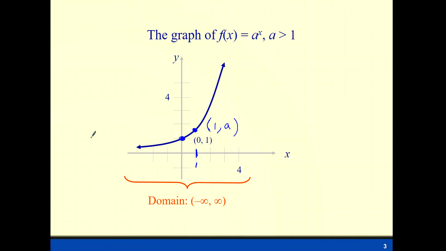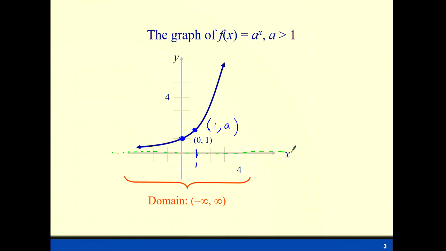The other thing that all of these exponential graphs have is a horizontal asymptote at y equals 0.